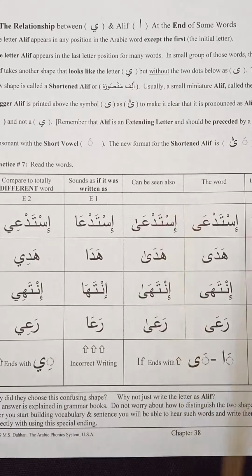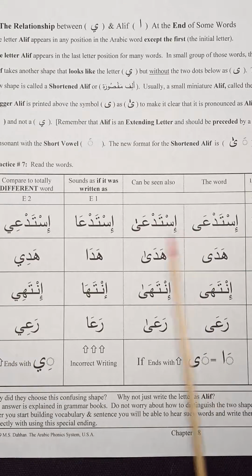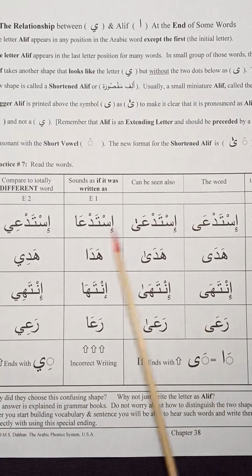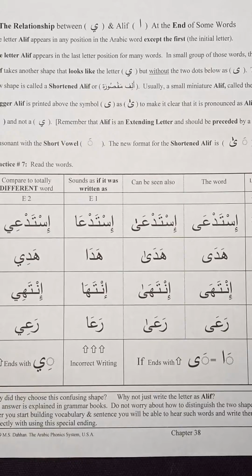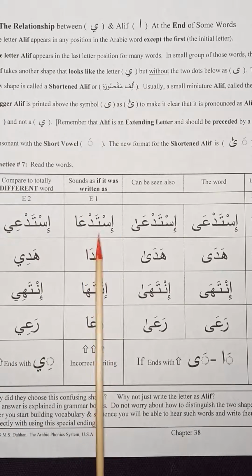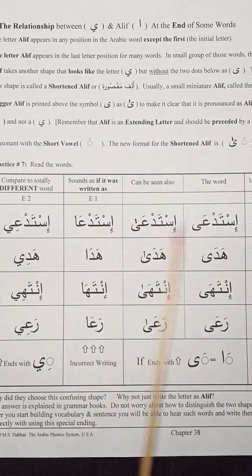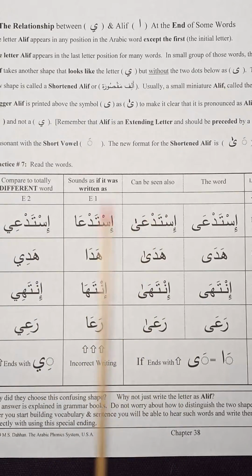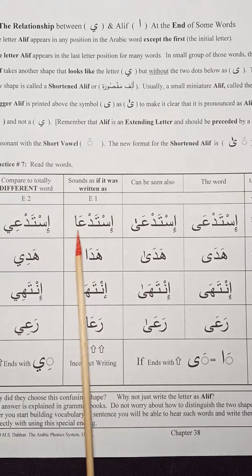This is the extending letter alif, another version of it, the miniature version of the alif carried by this shape with no dots. So if it's written like this, it sounds like istada. Some say that it shouldn't be full, it should be a little bit shorter.